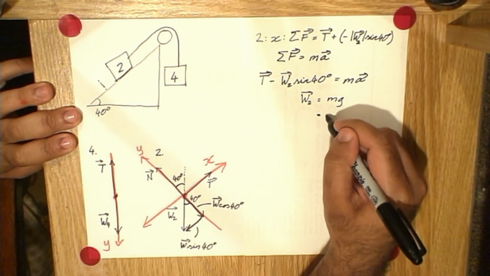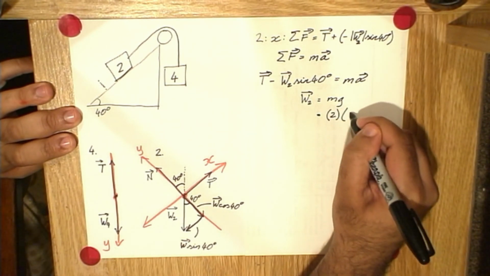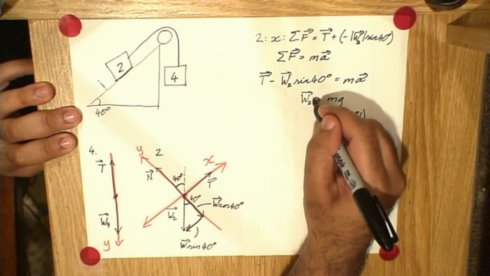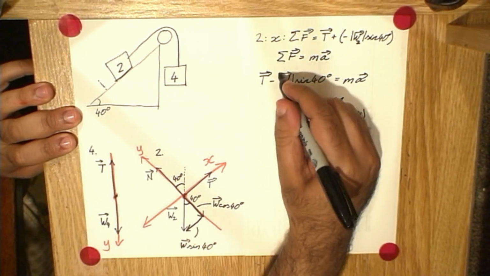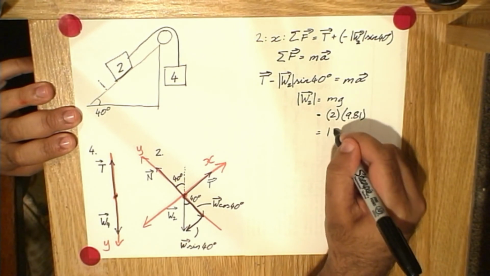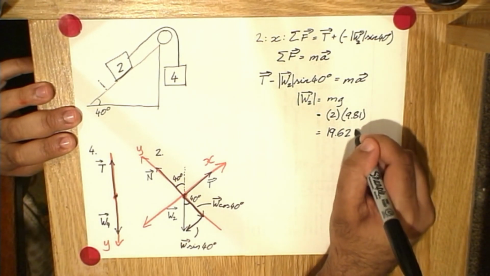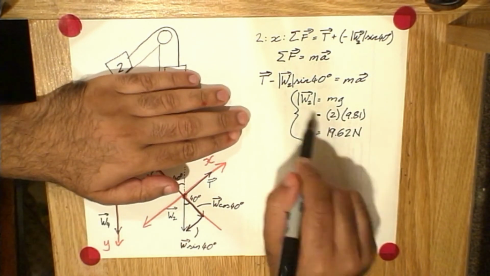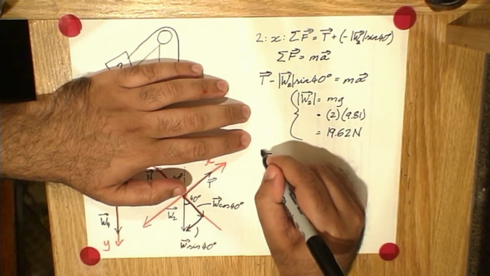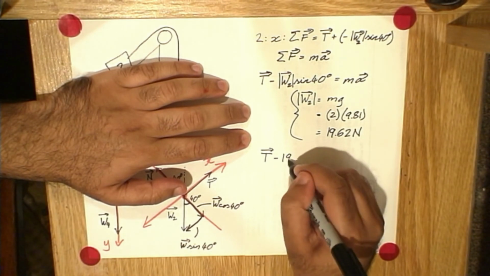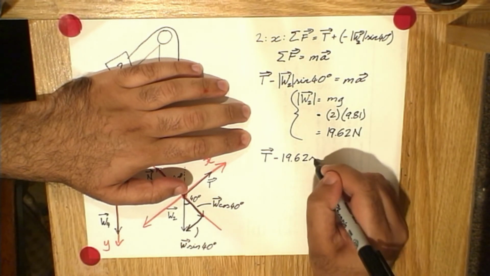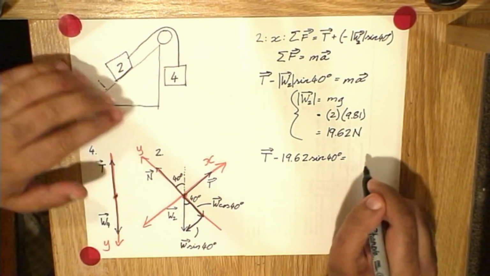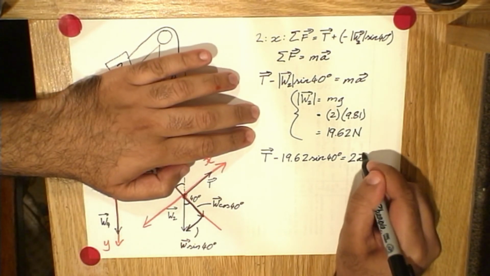Now, the weight of the 2 kilogram object is given by mg. The mass is 2, gravity is 9.81, so that means that the weight is equal to 19.62 newtons. So that means that tension minus 19.62 sine 40 degrees is equal to the mass, 2, times the acceleration.